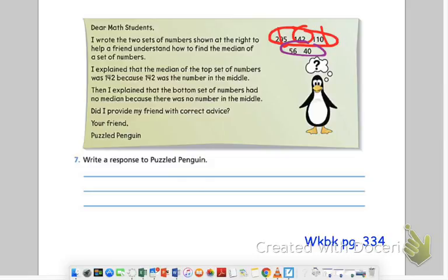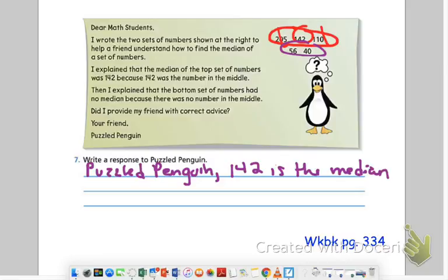So let's see. Puzzled Penguin, 142 is the median of the top set.